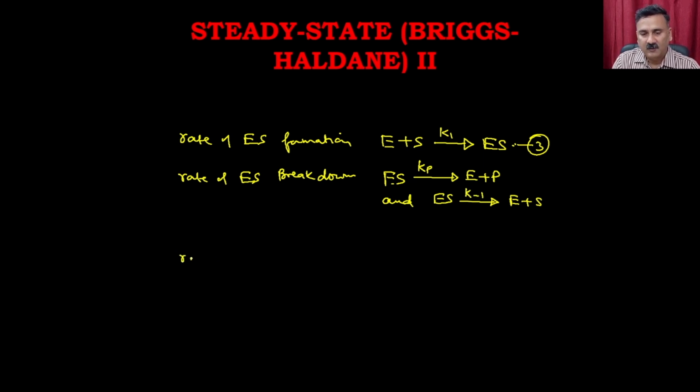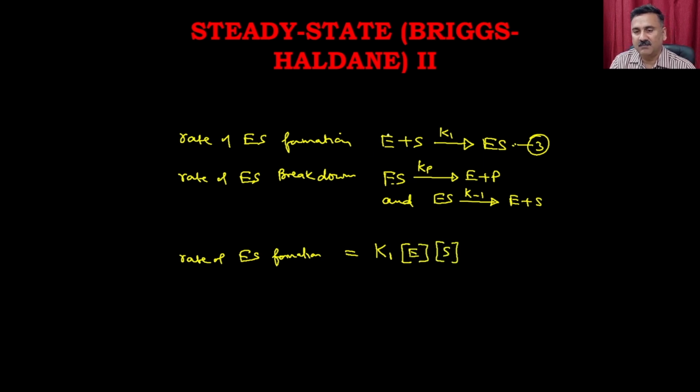So if you write the rate of ES formation, that will be equal to K1 times the concentration of E times the concentration of S. Okay, so this is the rate of formation, right? Because you have the K1. So this is going to be the velocity. Then the rate of ES breakdown is going to be this and this, right?